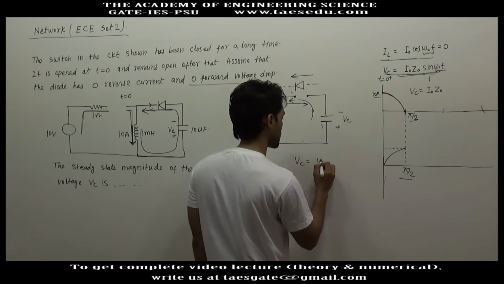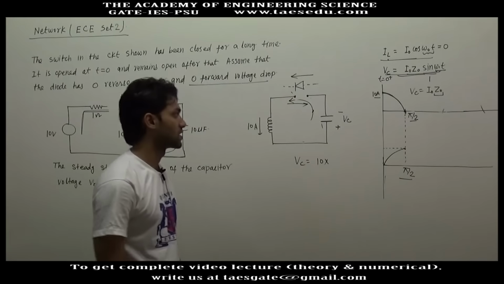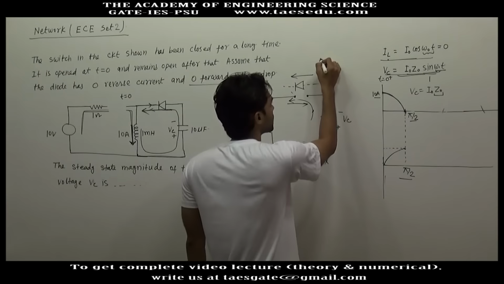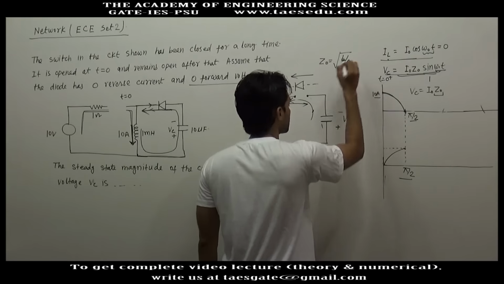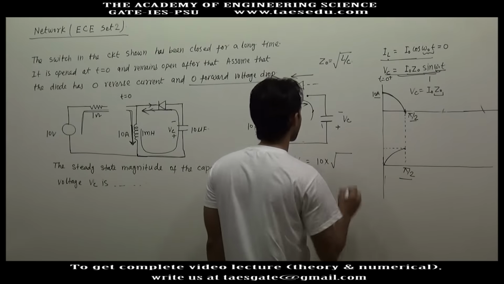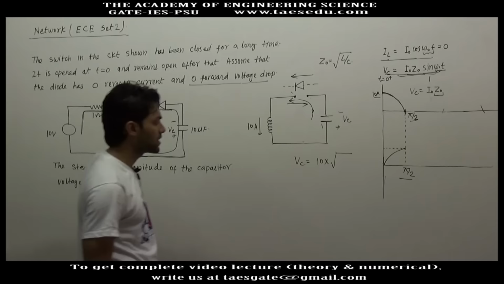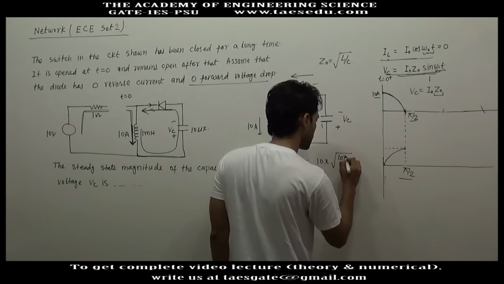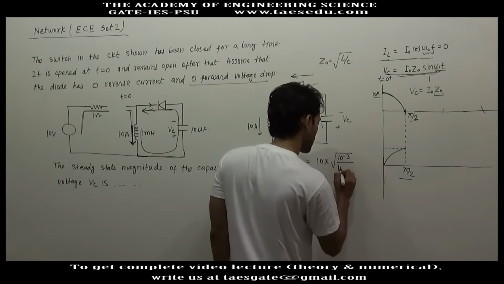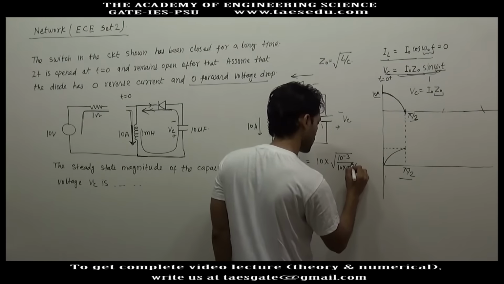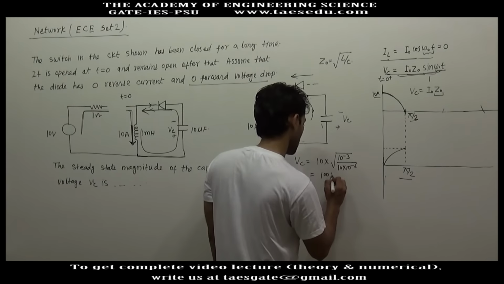Vc, I naught is 10 ampere, and Z naught is the natural impedance of this circuit. In the theory lecture we have studied that the natural impedance is root under L by C. Root under L is 1 millihenry, 10 to power minus 3, divided by capacitance, which is 10 microfarad, 10 into 10 to power minus 6. So this will give you 100 volt.